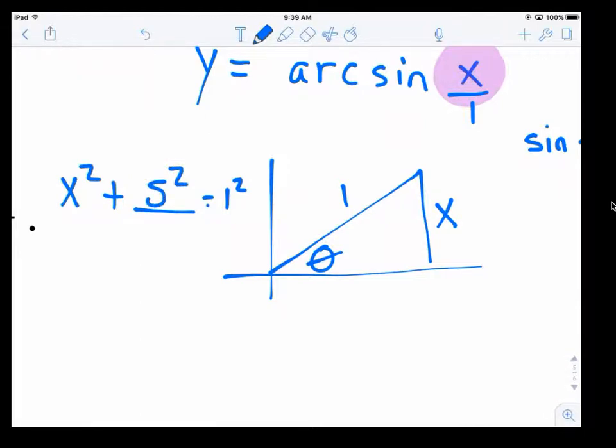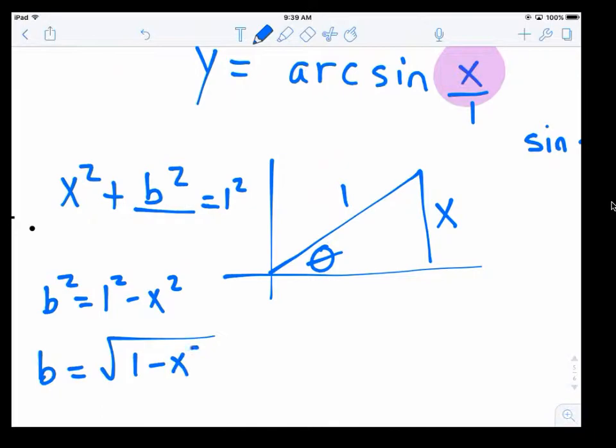All right, B. This side here is what I want to solve for, so I want to solve for B. So I have B squared equals 1 squared minus x squared, and then B is going to be the square root of 1 minus x squared, right? 1 squared is just 1.